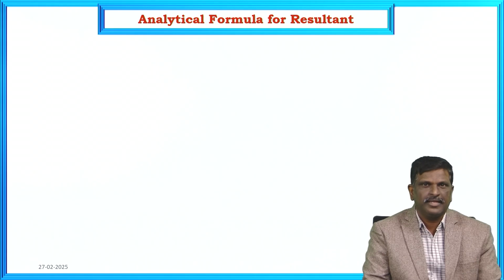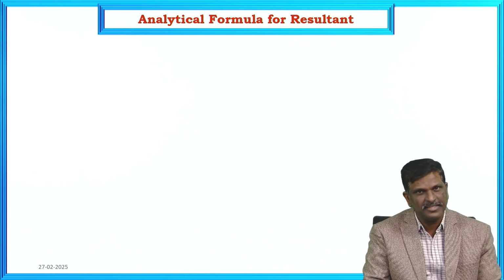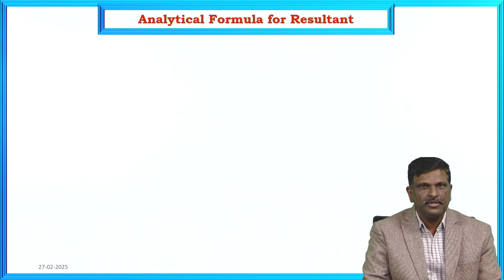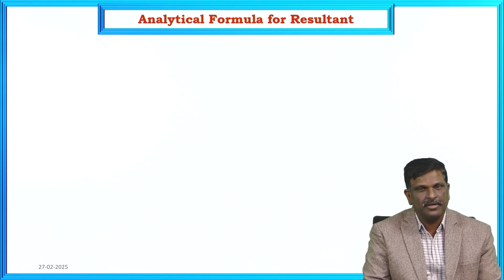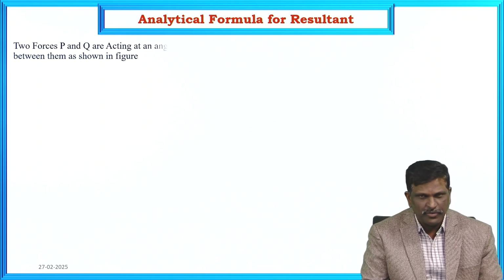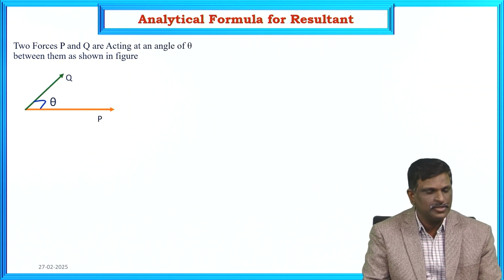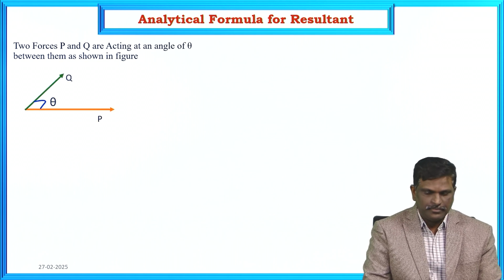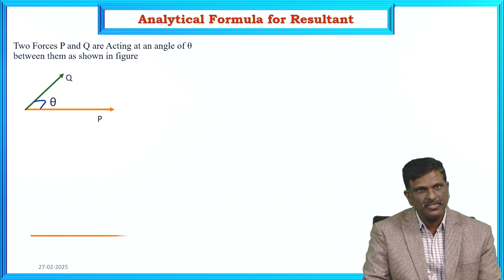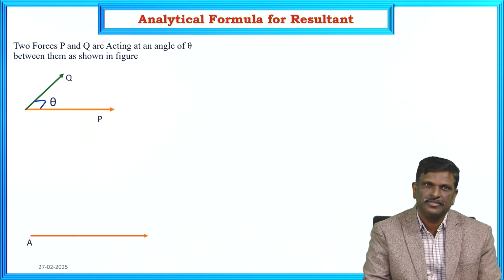The analytical formula for finding the resultant of forces is derived by using the parallelogram law of forces. When two forces P and Q are acting at an angle of theta between them, as shown in the figure, construct a parallelogram by using the parallelogram law of forces.